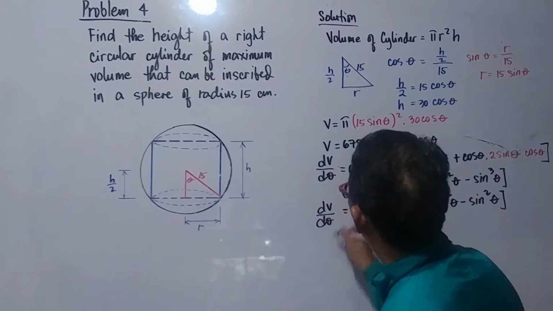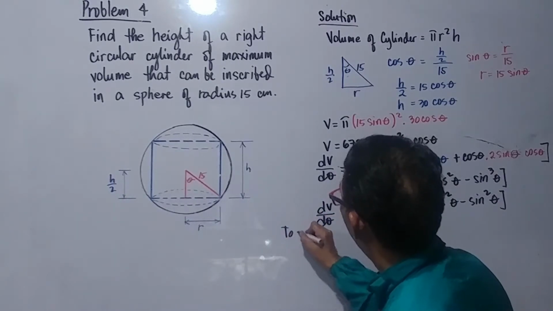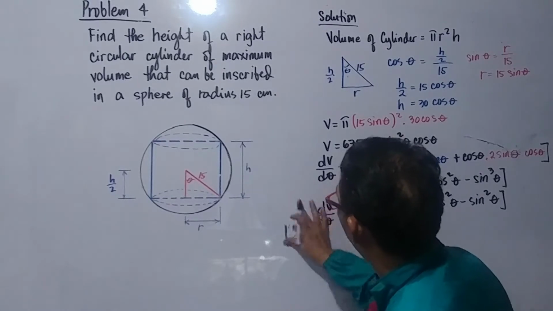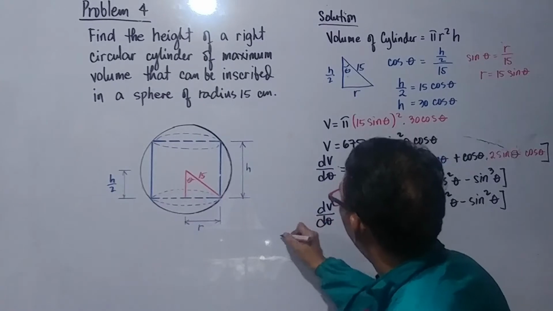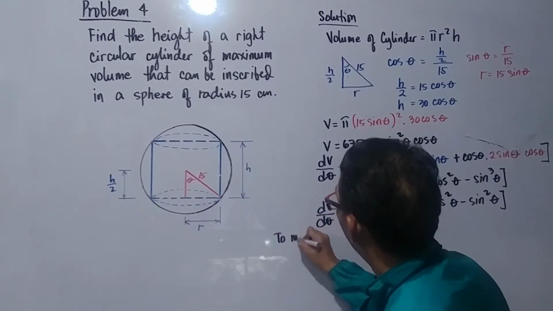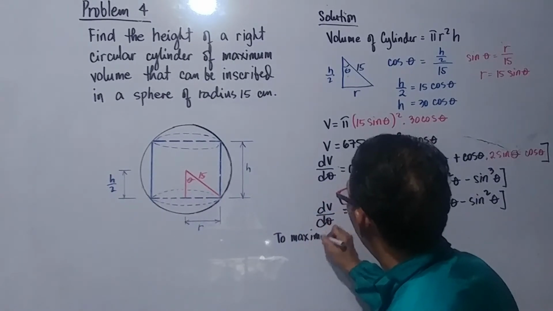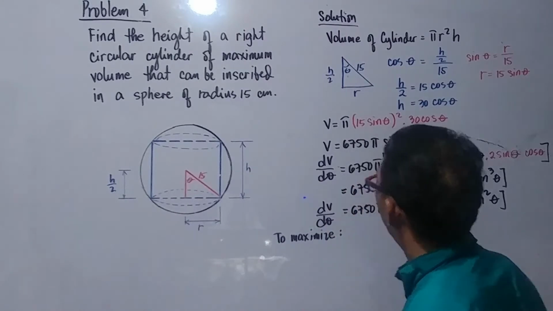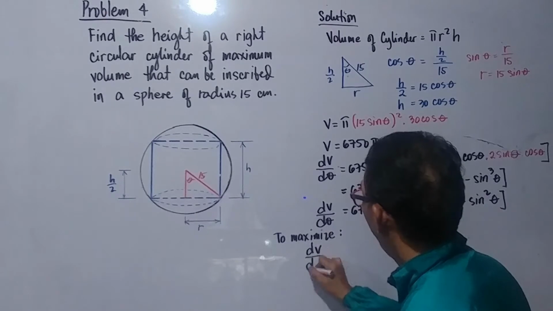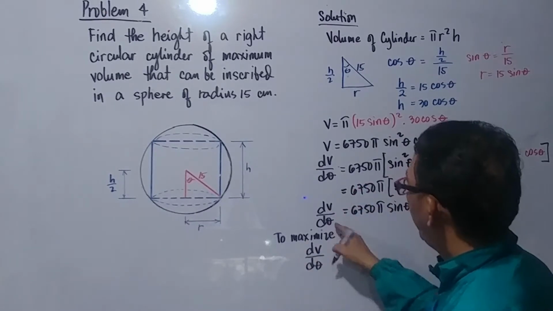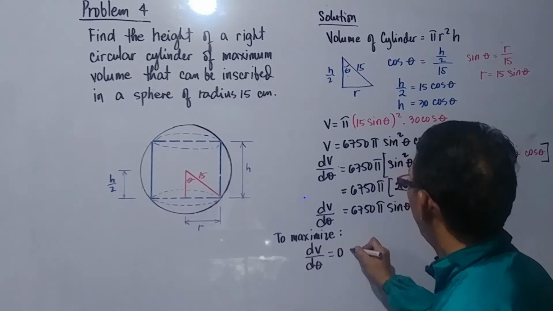To maximize, just make dV over d theta equal to 0.